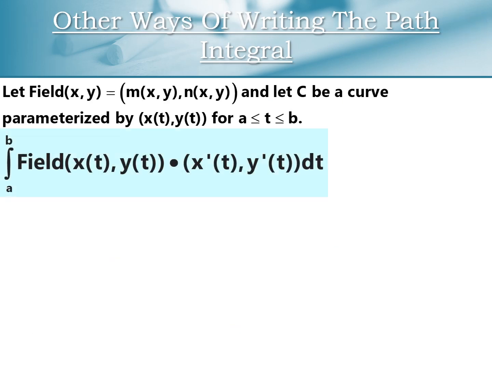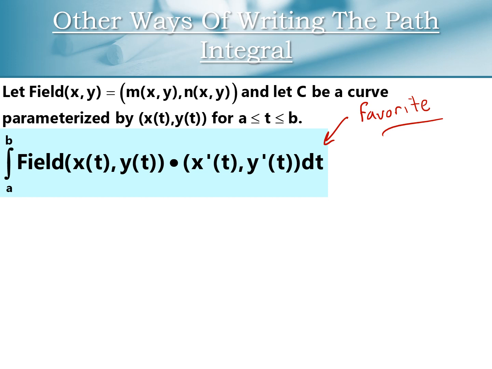All right, so you're going to see several different equivalent notations sprinkled throughout the basics and tutorials and try-its in this chapter. So this is my favorite. The reason this is my favorite form for a path integral is, first of all, it's constructive, right? You can go into Mathematica and write code to perform this computation. The integral of field of x of t, y of t dot x prime of t, y prime of t dt.